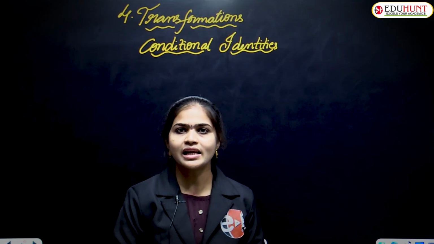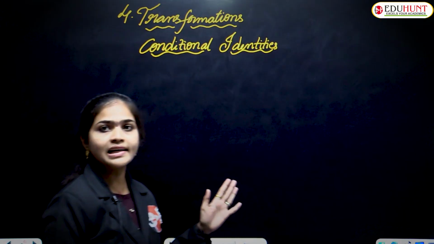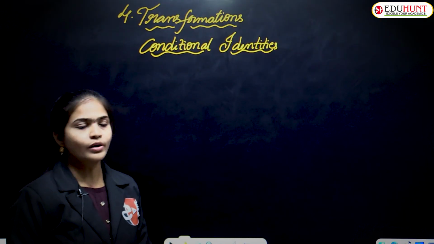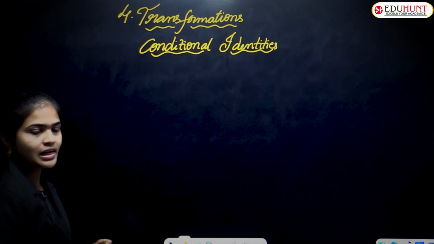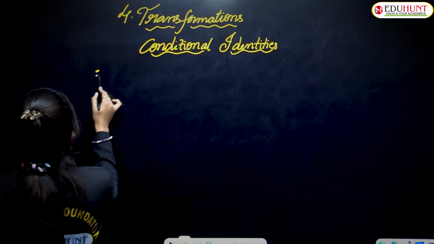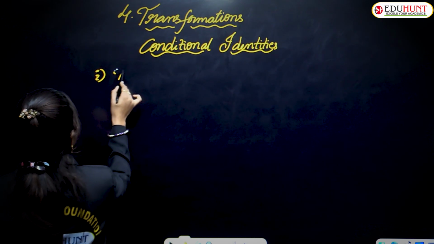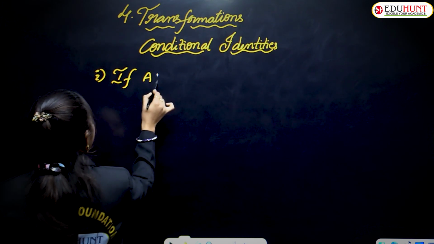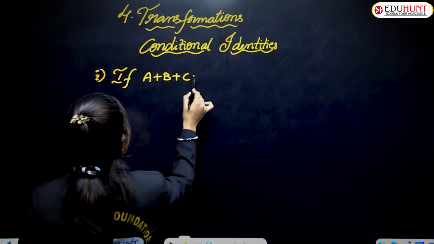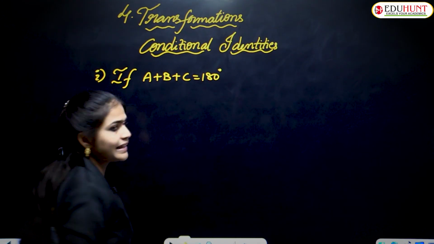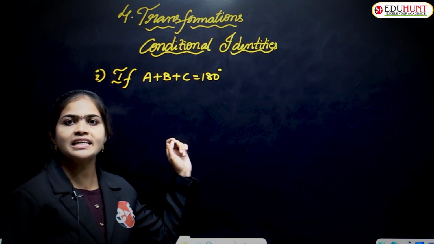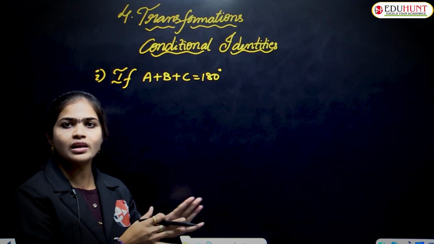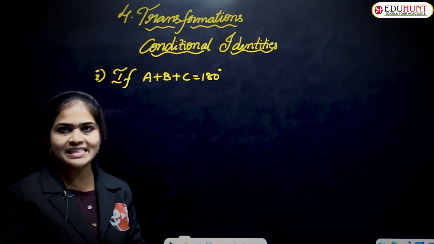Here are some conditional identities related to trigonometry. The first conditional identity is: if A plus B plus C is equal to 180 degrees. Conditional identities means these identities depend on some conditions.